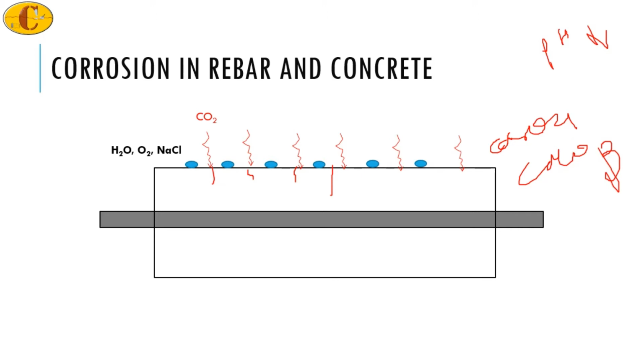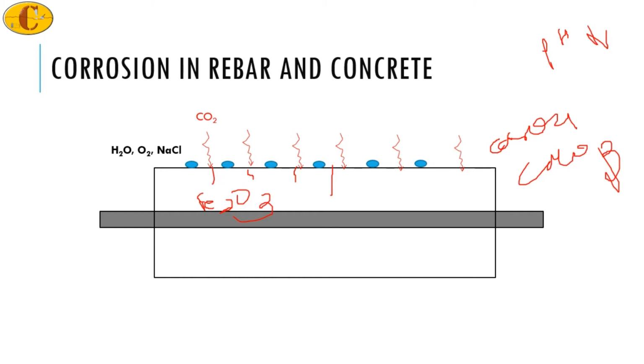Now because the chemical structure of the concrete has completely changed, it is much easier for these elements to move through and interact with the steel rebar, as is seen in other steel components. The Fe will readily react with H2O and oxygen to form ferrous oxide and ferric oxide, Fe2O3, and the NaCl will also react to form ferric chloride. So this will start causing corrosion.